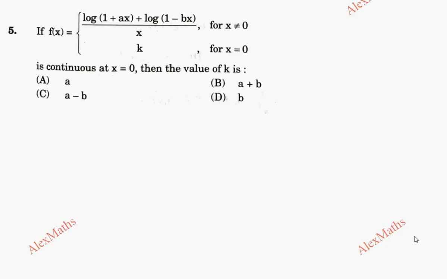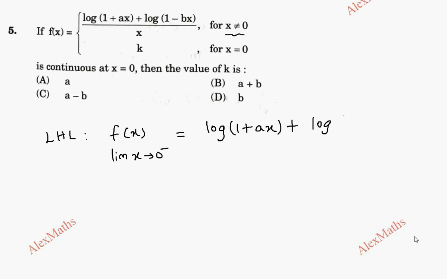Question number 5. They have given a function and they say it is continuous at x equal to 0. And when x is not equal to 0, for both left hand limit and right hand limit, we take the same function. Let's take the left hand limit where we take f of x and we use limit x tending to 0 minus, and we choose this function log of 1 plus ax plus log of 1 minus bx, whole division by x.